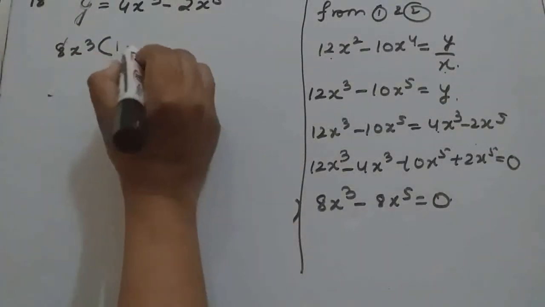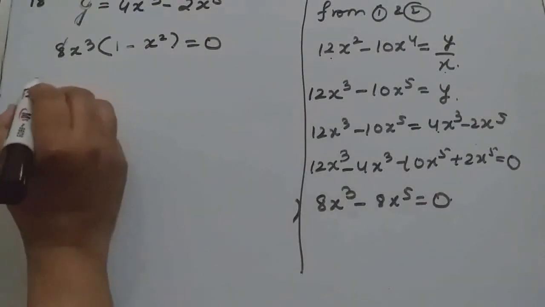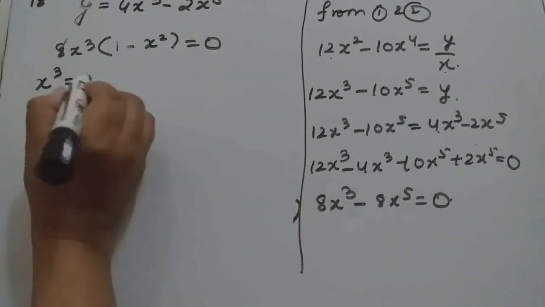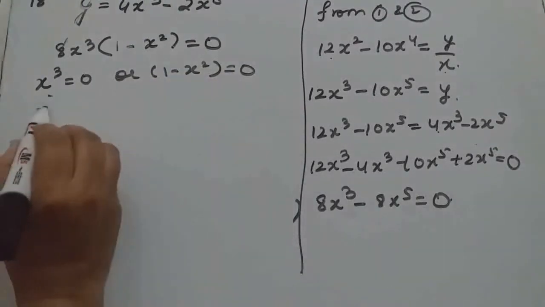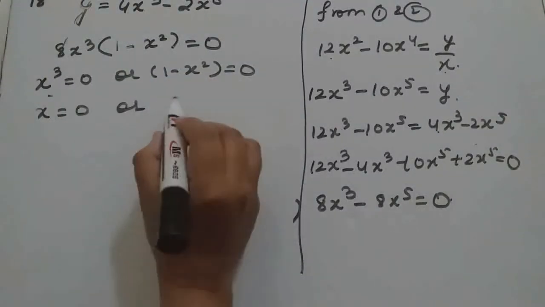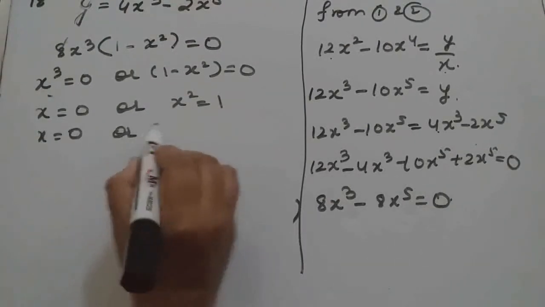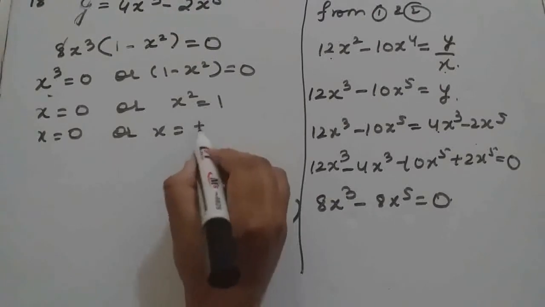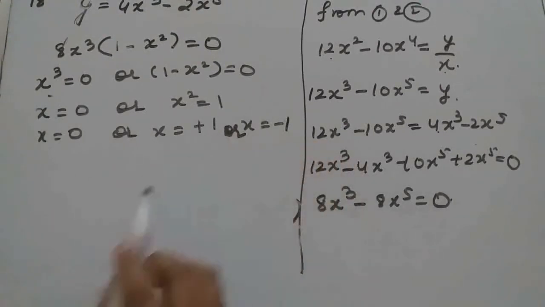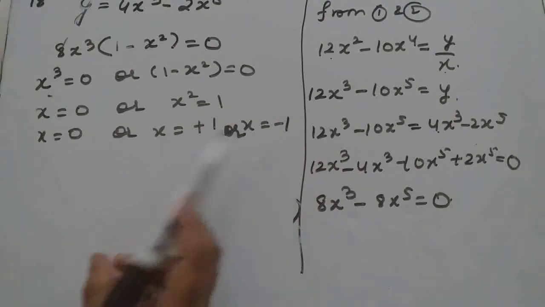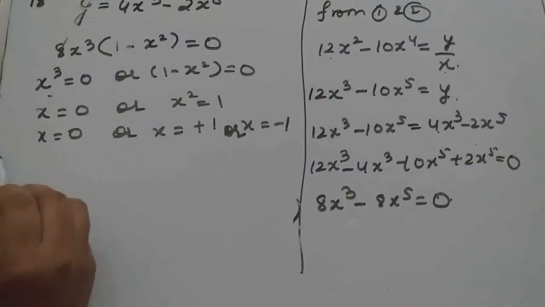So 1 minus x square will remain here. So that means x cube equal to 0 or 1 minus x square equal to 0. So x value 0, or x square is 1. So x is 0, or x value 1 means plus 1 and minus 1. So 3 x values we got here. So 3 cases will arise here, and the y value accordingly we can get.